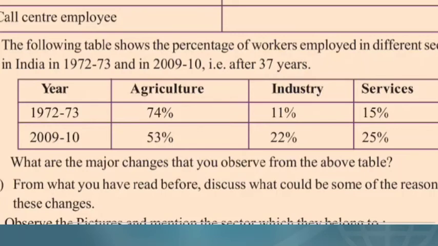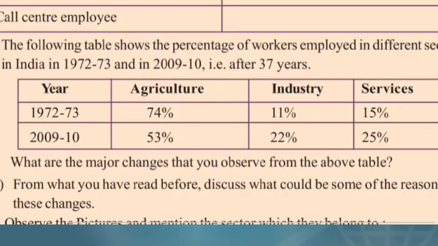If you observe that after 37 years, means in the year 2009 and 10, what do you observe that? The employment in agriculture sector has increased or decreased? It is 53%. We see here the percentage decreased only, means the workers employed in agriculture sector is decreasing.